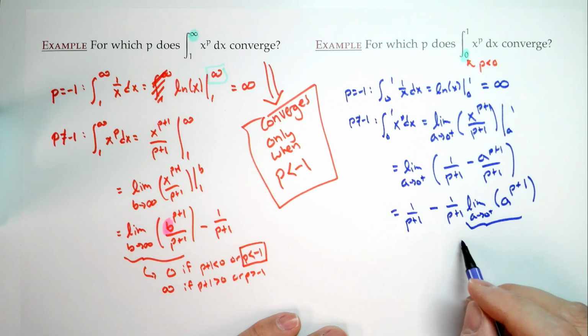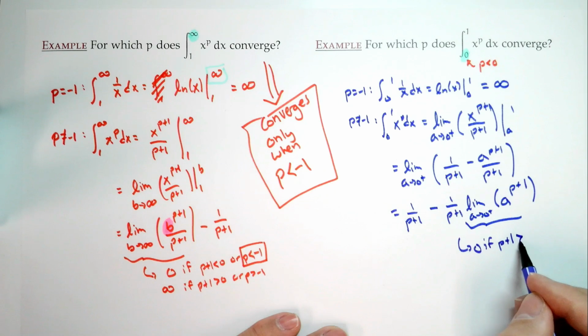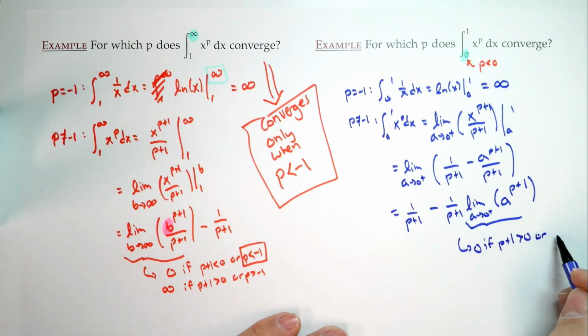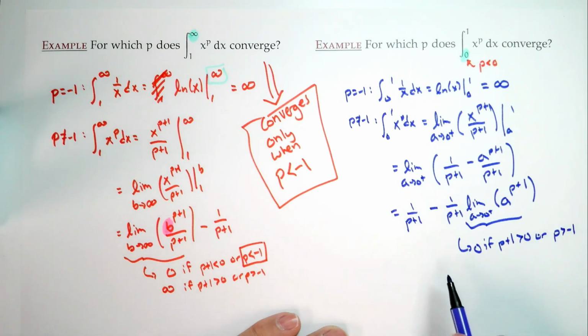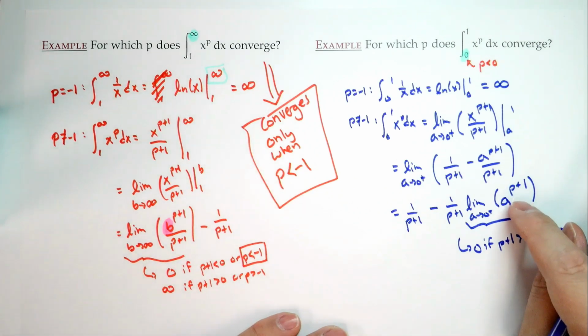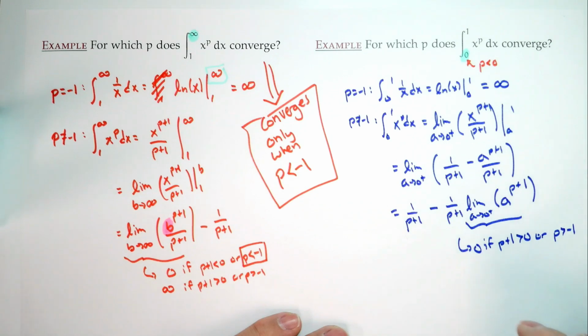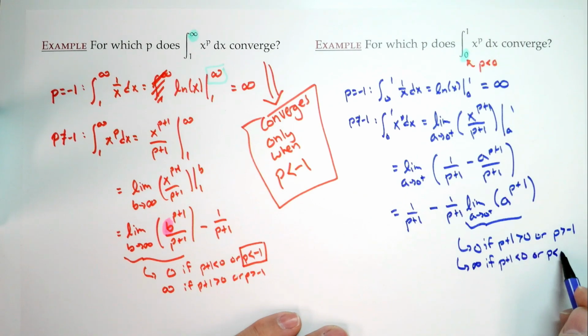So this is going to go to 0 if the exponent is positive, or we could say that p is above -1. Now, if the exponent is negative, it's like I have a very small number to a negative exponent, which means I have 1 divided by a small number. Well, that means it's blowing up. So it's infinity here if p plus 1 is negative, or p is below -1.